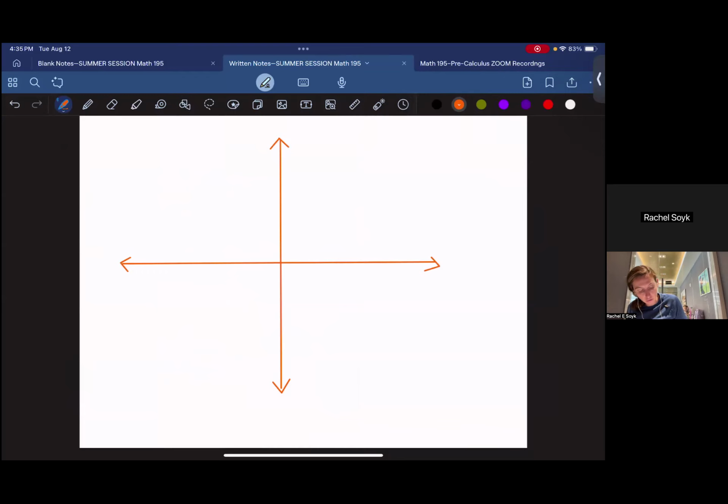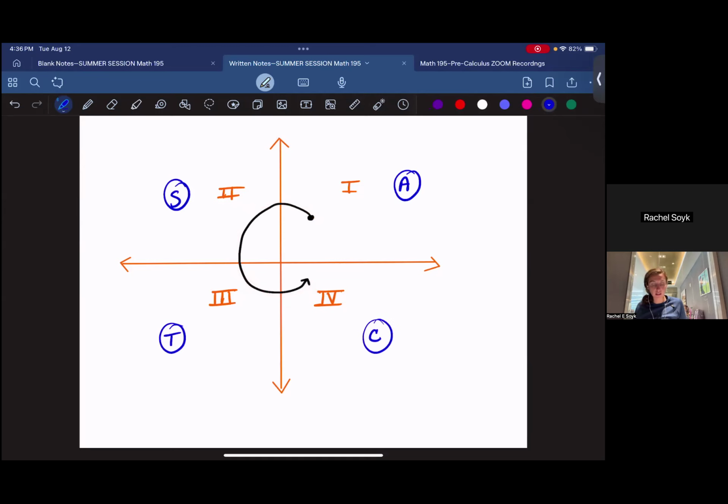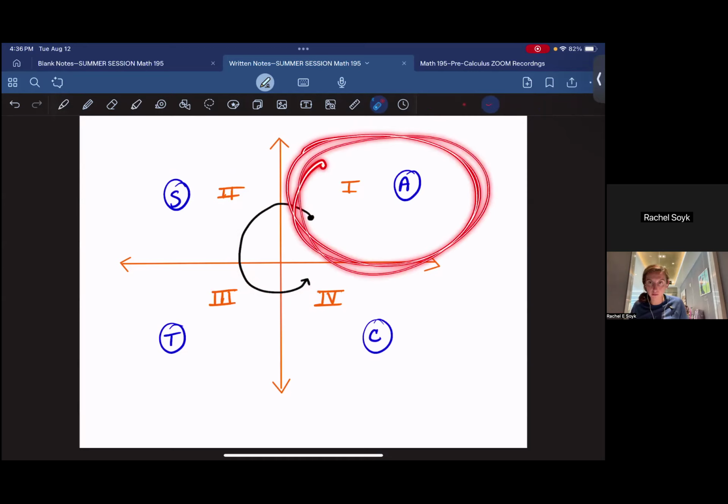You know that we have our first, second, third, and fourth quadrants, and you figure that out by starting in your first and drawing the letter C: 1, 2, 3, 4, we're done. But there is an acronym: All Students Take Calculus. In our first quadrant, all trig functions are positive.